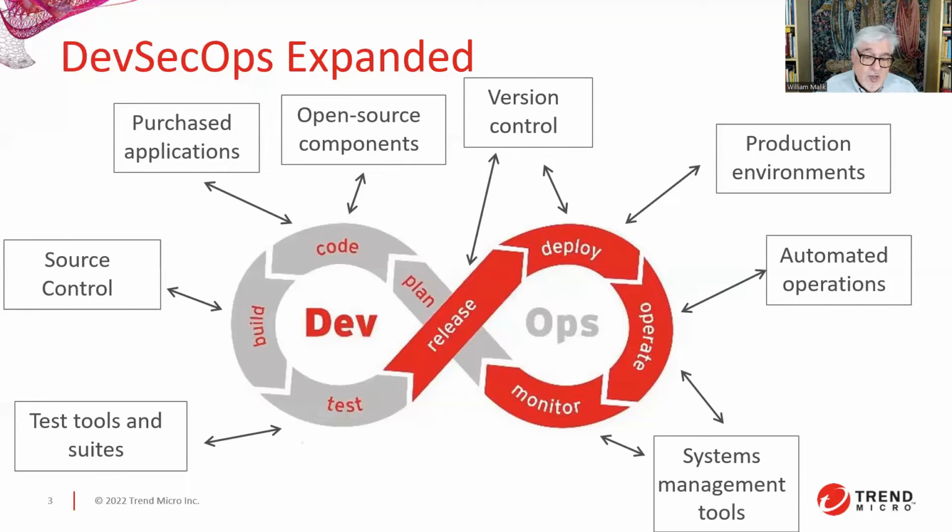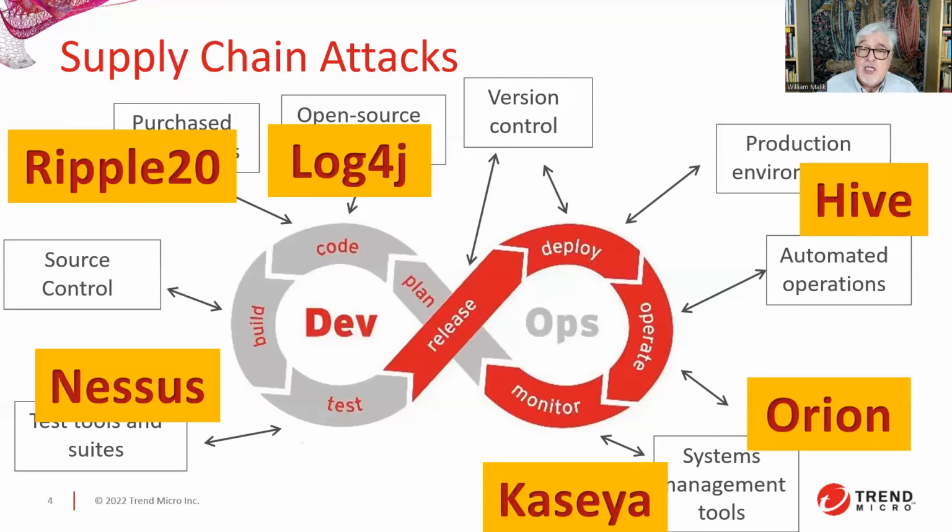And here are some of the issues that have shown up in the way of attacks on supply chain over the past few years. In the production environment, we have Hive ransomware, which goes after ESXi, the VMware environment. The SolarWinds Orion attack and the Kaseya attack involved corrupting the supply chain for systems management tools.